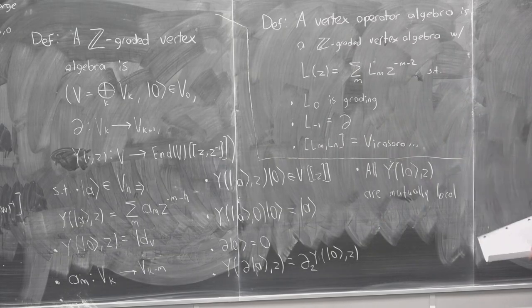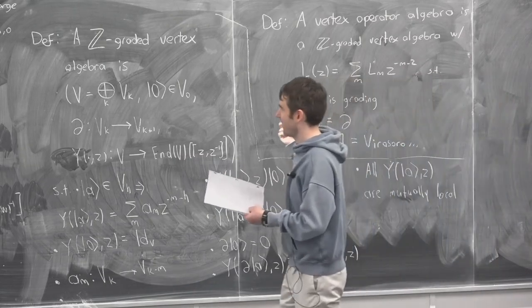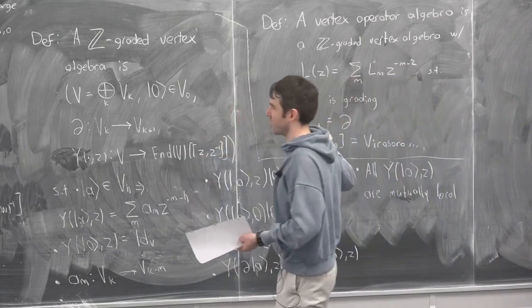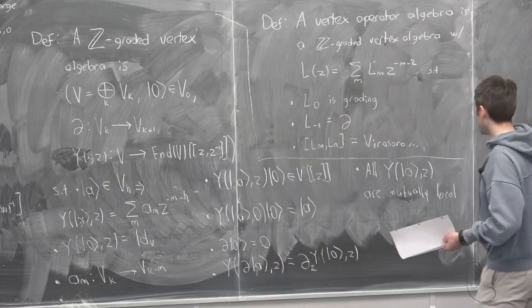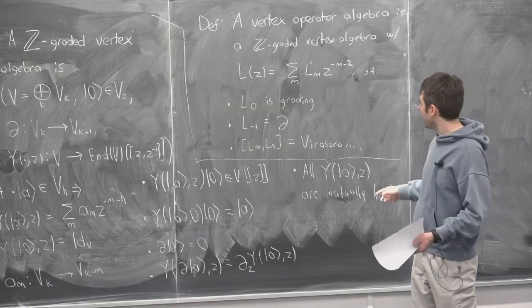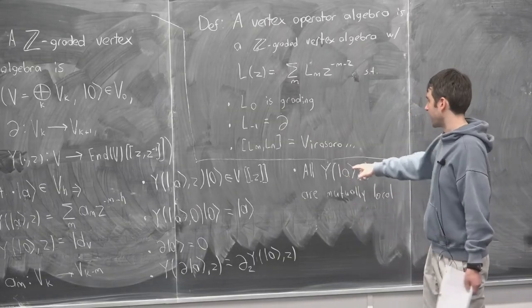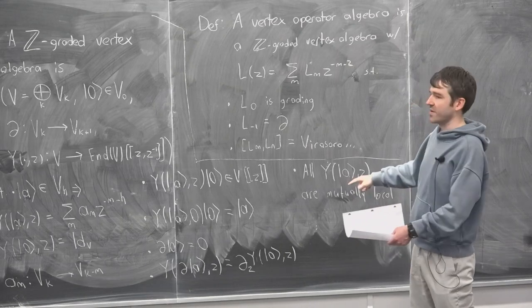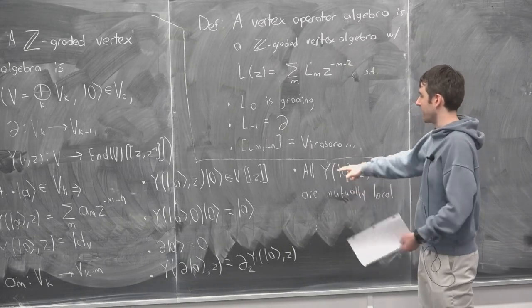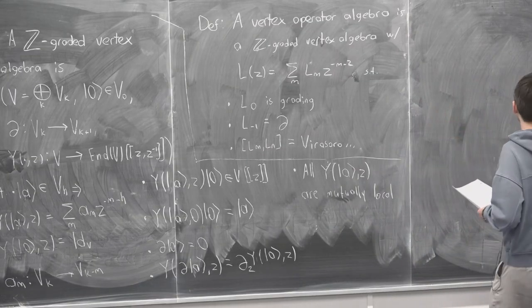Great, so if you just had a vector space and you wanted to make a vertex operator algebra out of it, this would be the hard part. Naively, you would expect that it would take an infinite amount of work to just keep plugging in different states from that vector space into Y and keep checking that you get mutual locality for all the possible results. But there's a theorem that helps us.